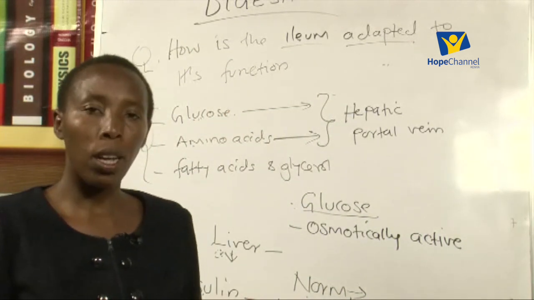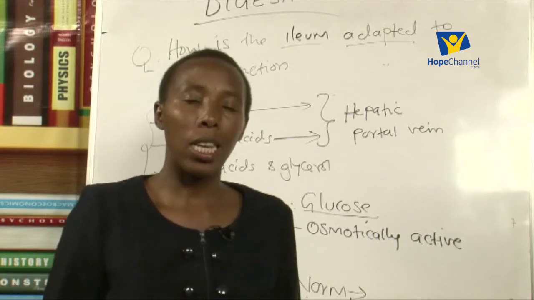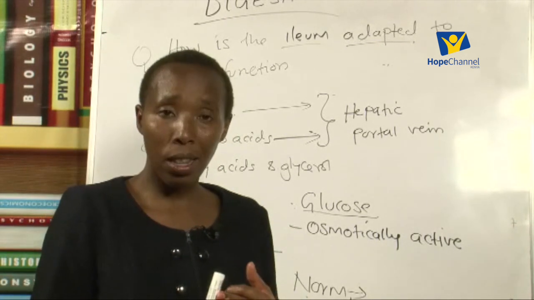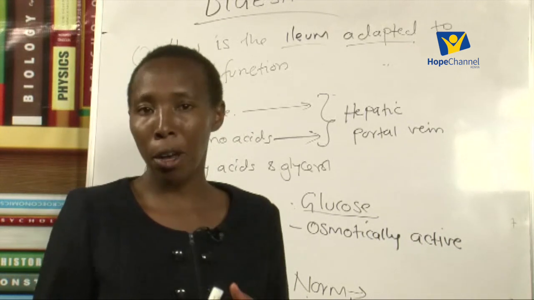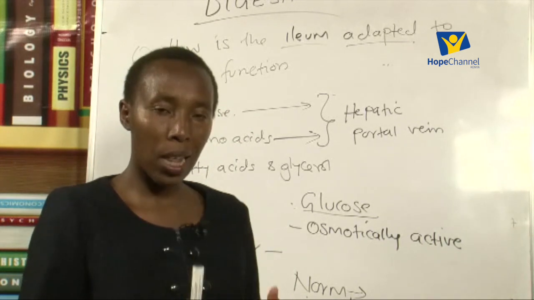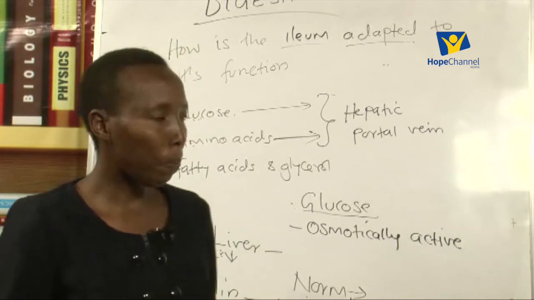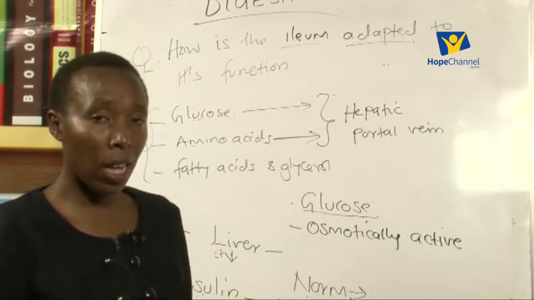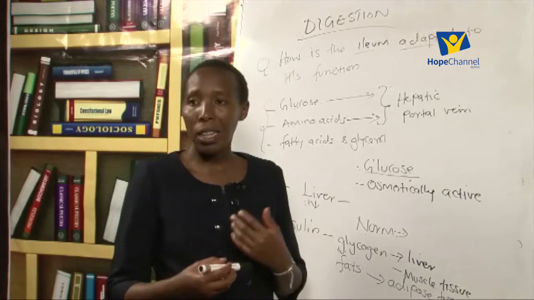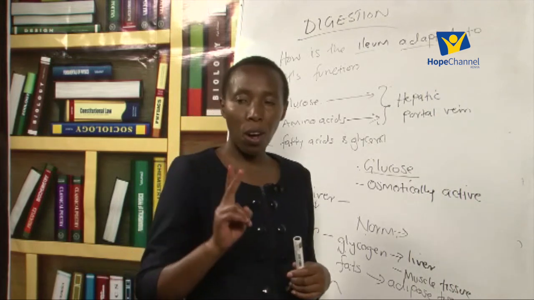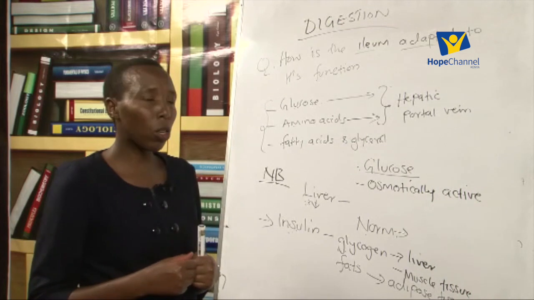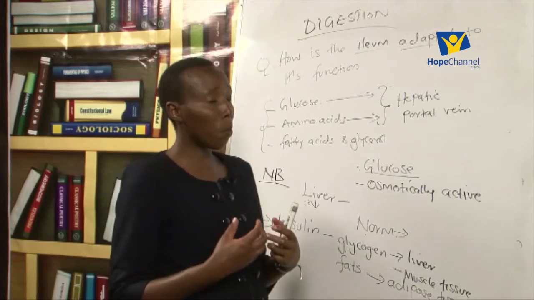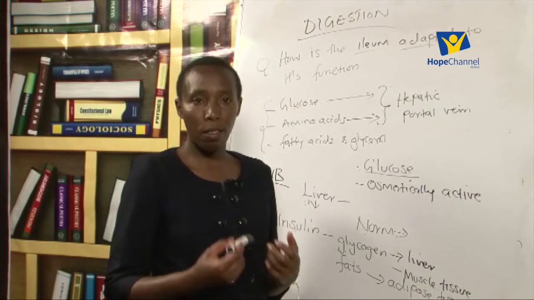It is long, it is highly coiled, it has numerous blood capillaries, it has the villi and the microvilli, and also we say that there is the lacteal. Those are the features of the ileum that make it suitable to do the two functions of digestion: completing the process of digestion and absorbing the end products of digestion.